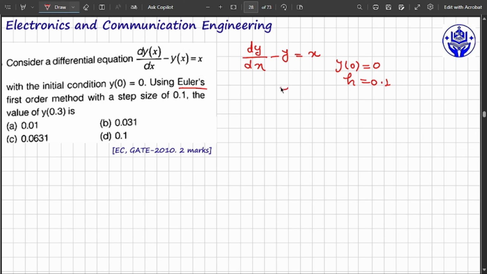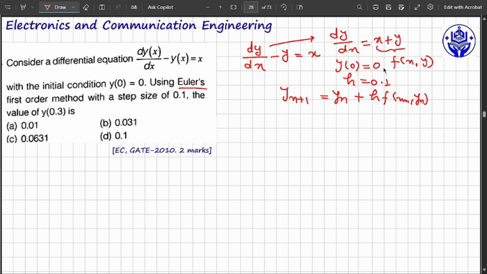So the Euler method is yi plus 1, or basically yn plus 1, since I am writing n from the start. So yn plus 1 equals yn plus h into f of xn, yn. Now your function f, which is dy by dx, equals x plus y. So this will be your f of x comma y.